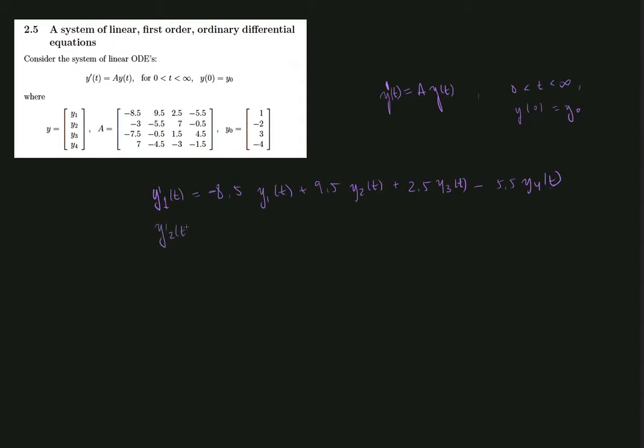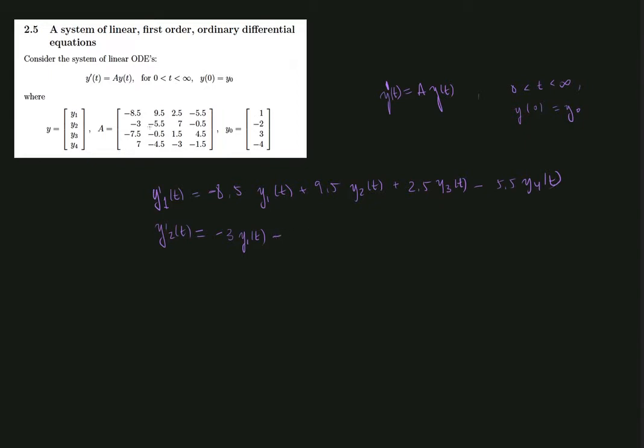And the derivative of y2 of t, which is the second coordinate function of our solution y, is governed by the values of y1 and y2 and y3 and y4, and is given by minus 3 times y1 of t. So what I'm doing here is I'm taking this matrix here, and I'm multiplying it with y, and plus, no, not plus, minus.